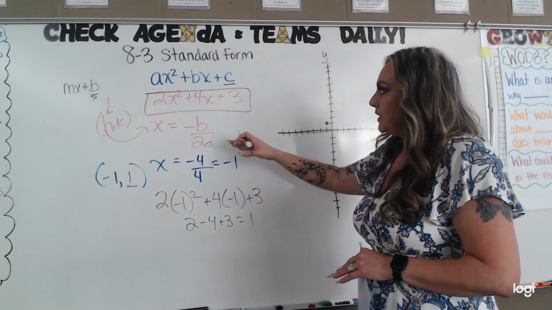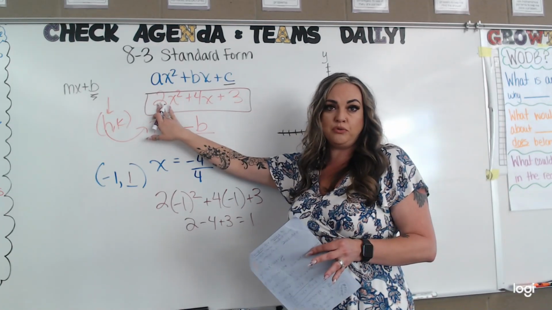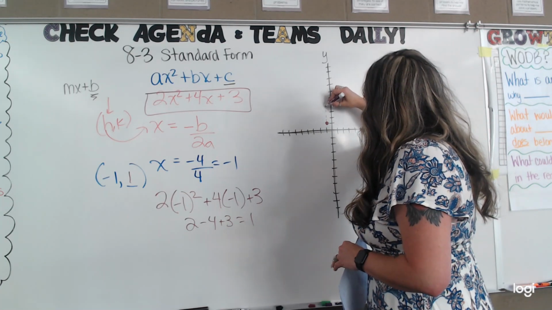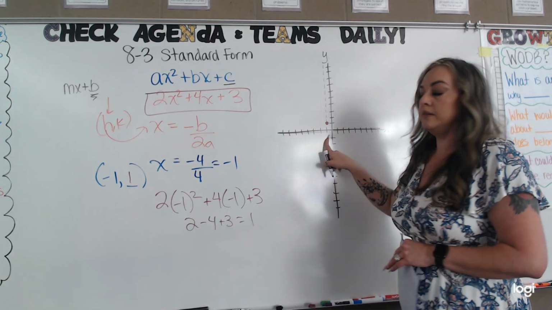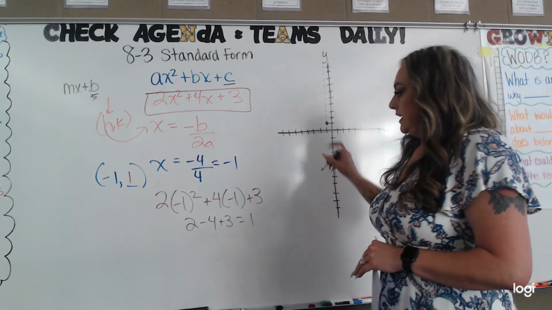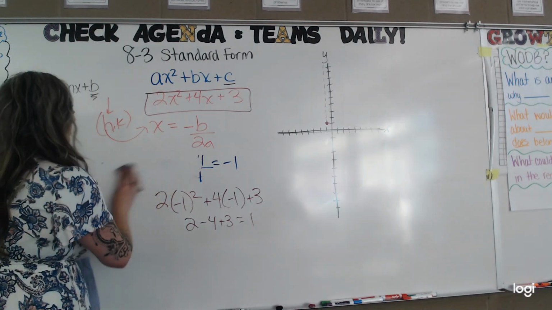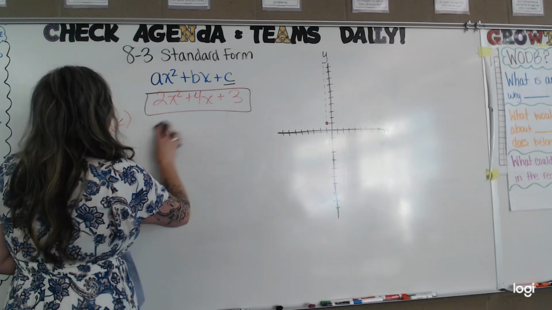If our parabola is opening up, and we can see that it is because there's a positive 2 for our a value, I know that my axis of symmetry, I can sketch it out here, is going to go up at negative 1. Now to find other values, all we need to do is pick a value for x, plug it in, and solve for y.